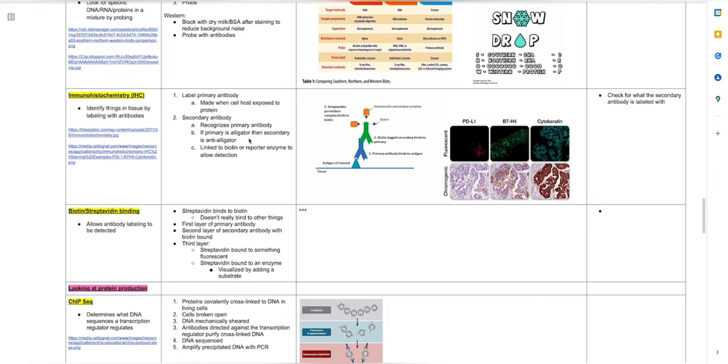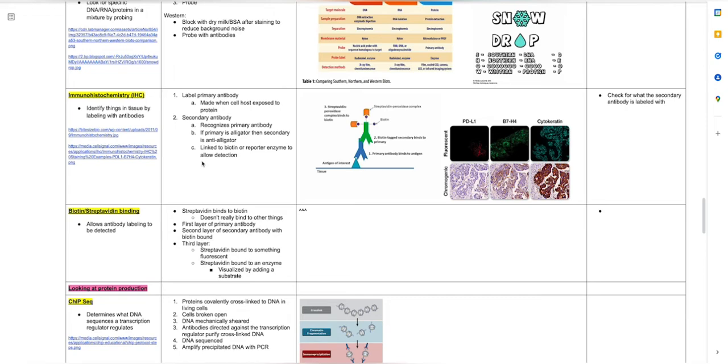If the first one is a rabbit antibody, then the second one is an anti-rabbit. The secondary antibody is usually linked to biotin or a reporter enzyme to allow it to be detected. There are different ways it can be detected, like fluorescence or just colors, and the results you see reflect what the secondary antibody is labeled with.